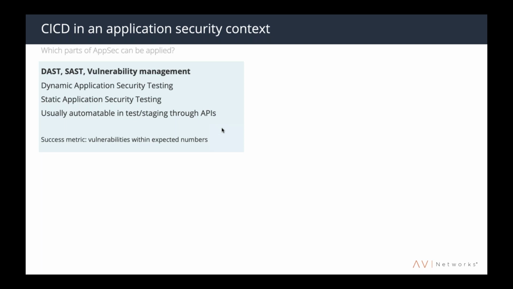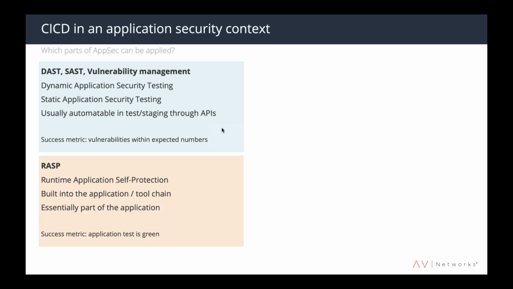What would be a success metric for that? If you run a security scanning tool, the vulnerabilities should be within the expected numbers. If you have known vulnerabilities, there shouldn't be any new ones. If your vulnerability count is 0, even better, then any new one would be a failure on this success metric.